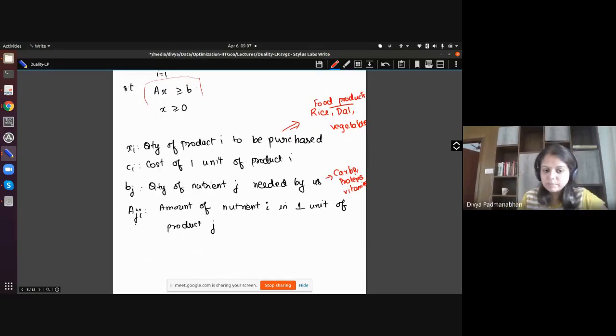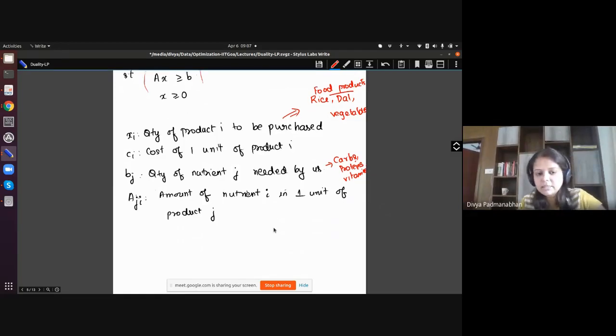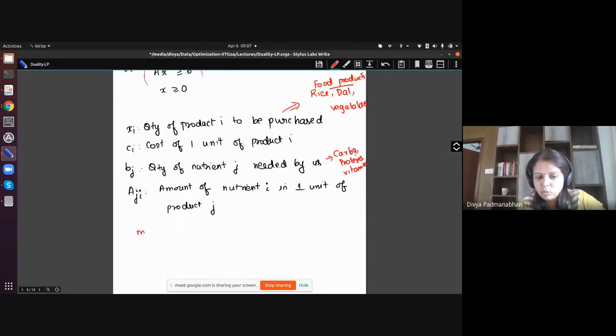In particular, a_ji is the amount of nutrient j in product i. Let's write this in a little more detail. We minimize c1 x1 plus, let's just take three food products, c2 x2 plus c3 x3. Maybe this is rice, this is dal, and this is some veggies. You also know that each unit of dal has this much protein.